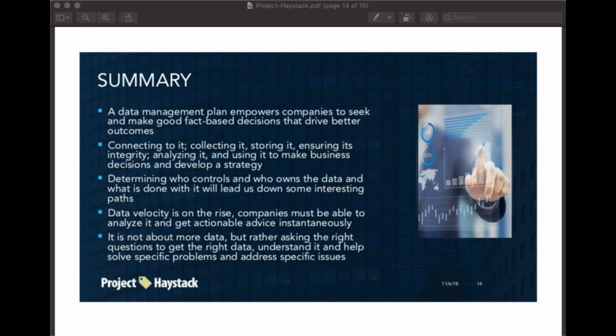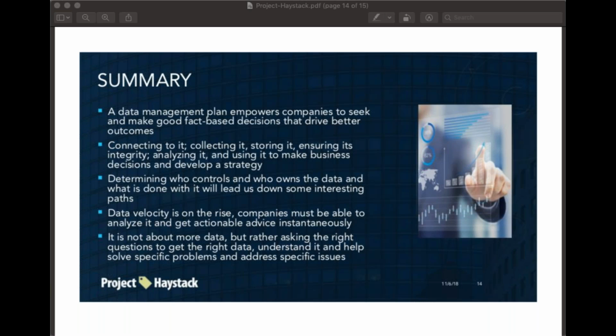When you're talking about connecting to data, collecting it, storing it, etc., you have to have a strategy around that. You have to answer those questions, and how you're going to get the data from different systems. And part of that's going to be who owns it, who controls it, who's responsible for it, right?